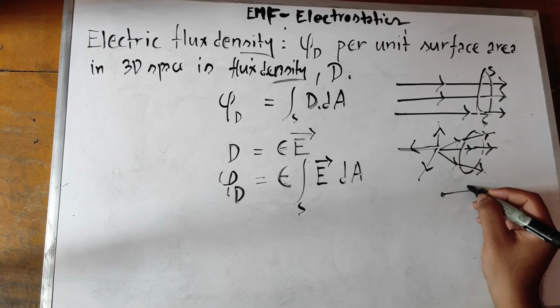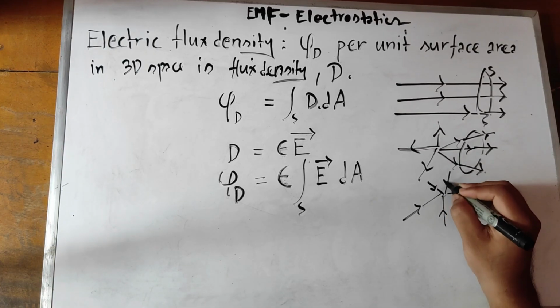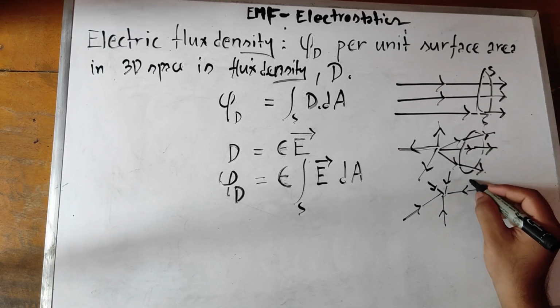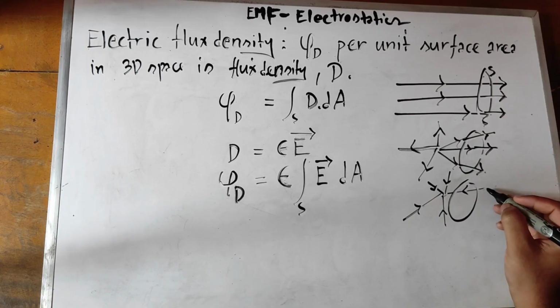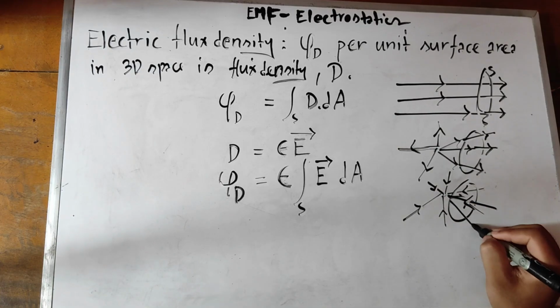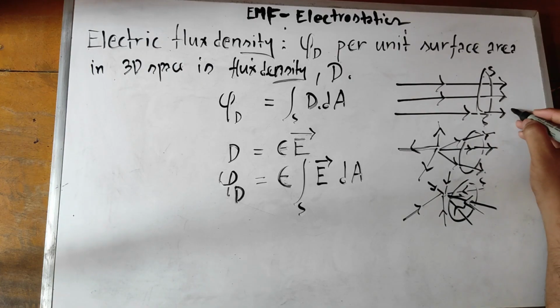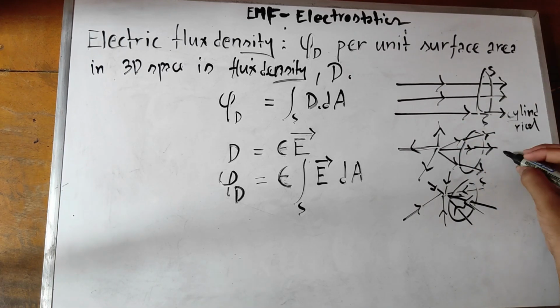If flux goes towards a point, through a surface, this kind of flux is called convergent. So this is divergence-less, or you may say cylindrical.